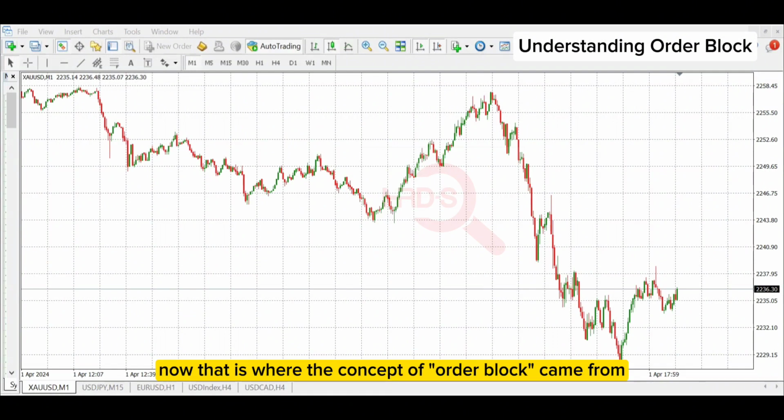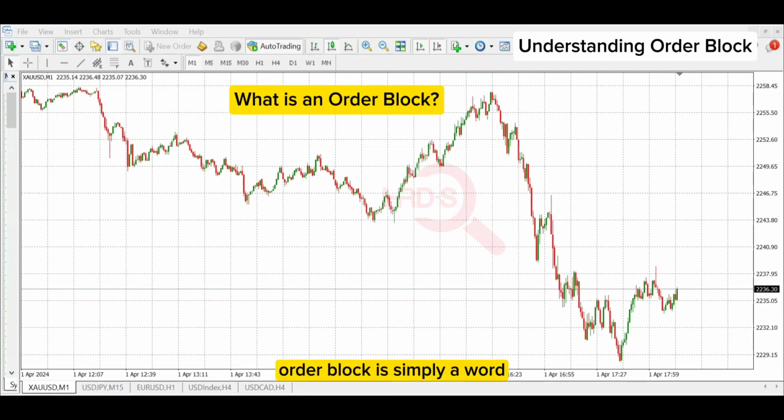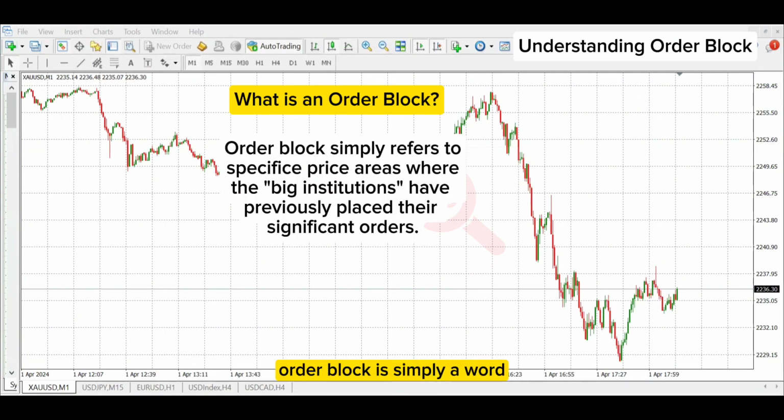Now that is where the concept of order block came from. Order block is simply a word that came from the orders of the block house. That is the big orders. So when you are looking at your chart in the financial market, you are looking at how to locate where these big institutions have placed their orders.